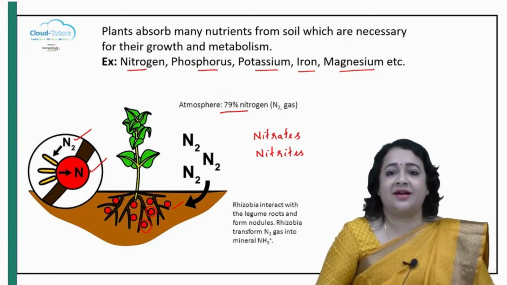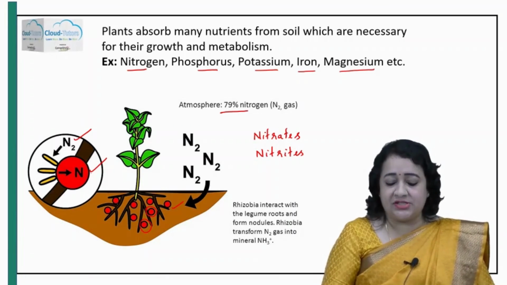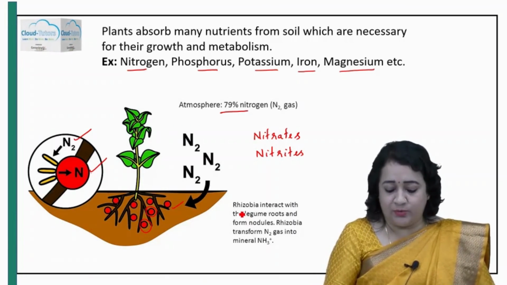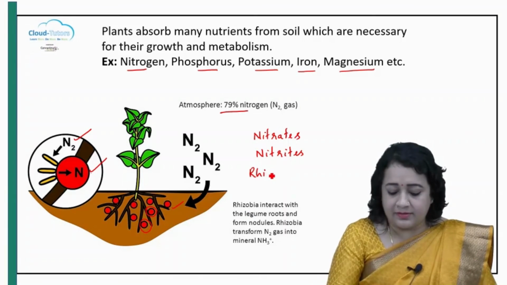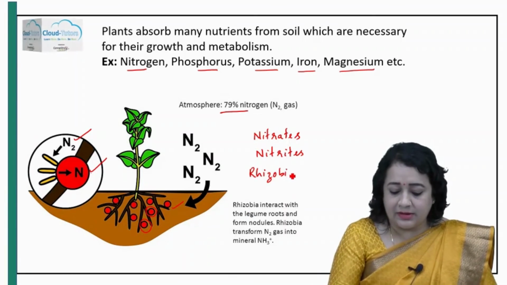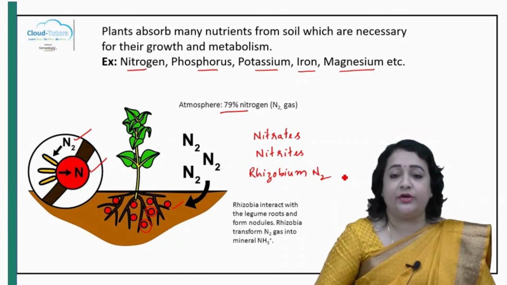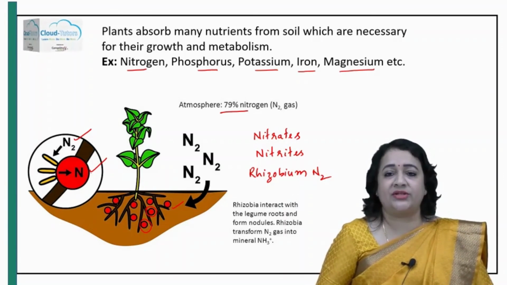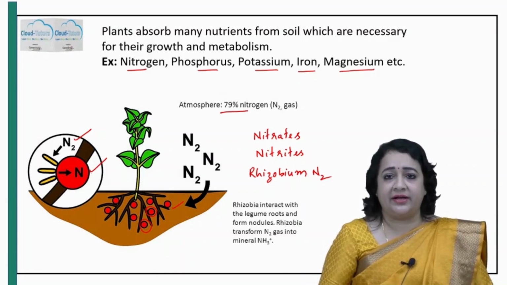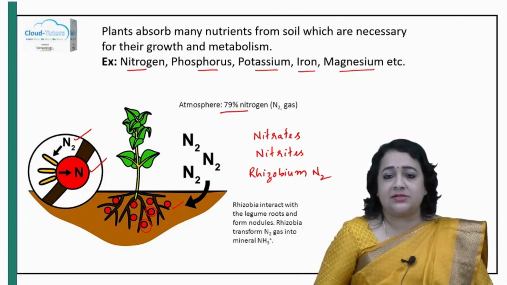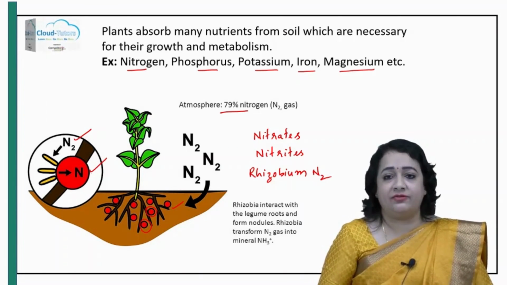So the bacteria rhizobium converts atmospheric nitrogen N2 into absorbable form so that the plants can absorb these nitrates and nitrites. So this is about nitrogen fixation.